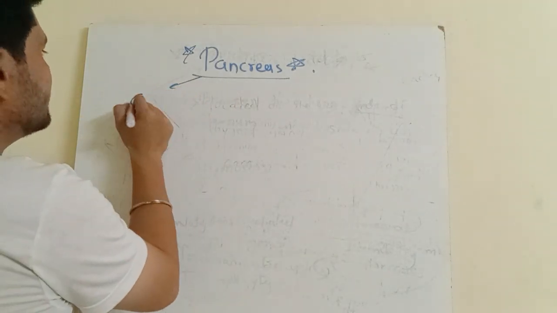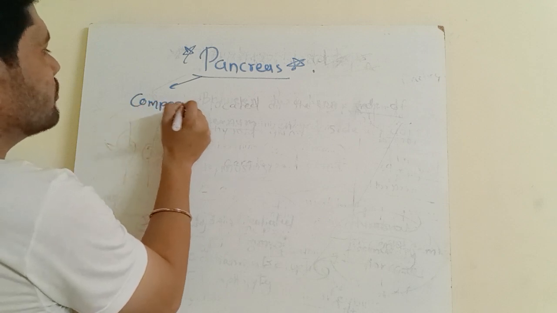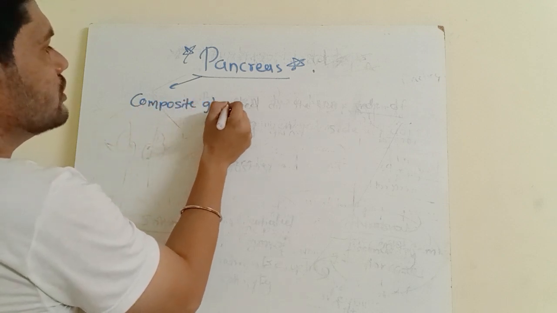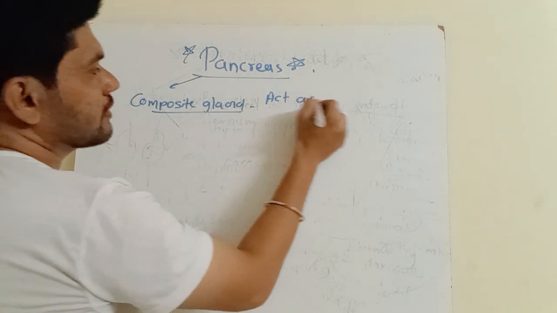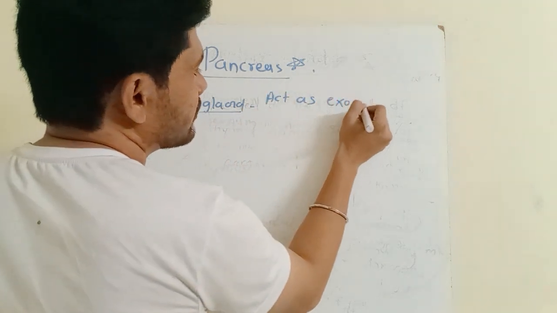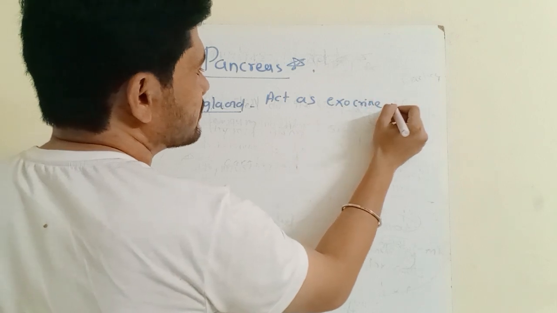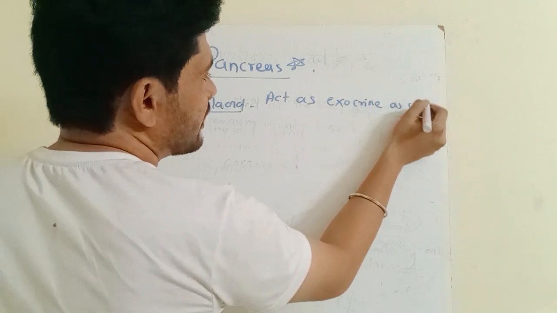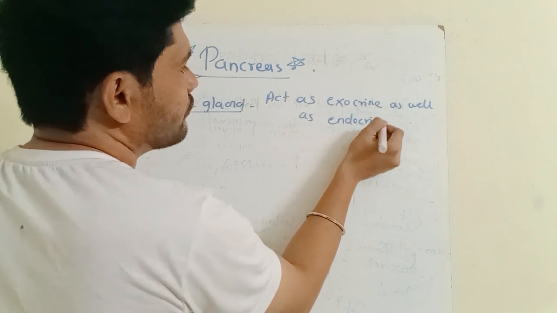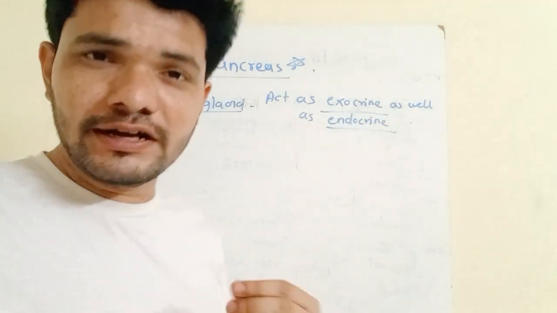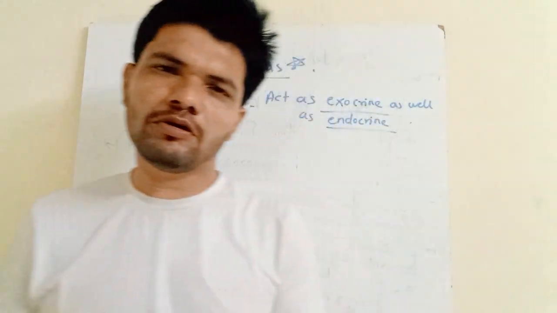It is a composite gland. We call it a composite gland because it can act as an exocrine as well as an endocrine gland. If you don't know what exocrine and endocrine are, let me give you a hint.